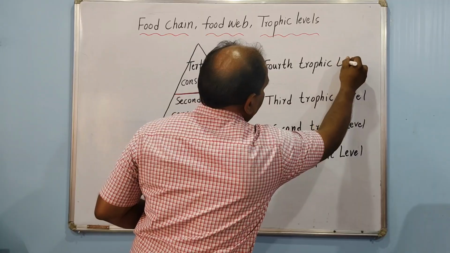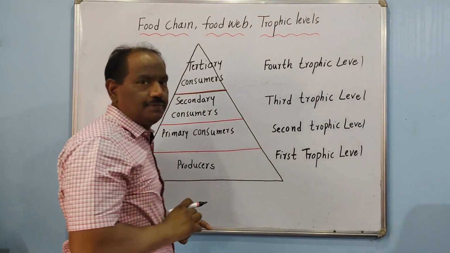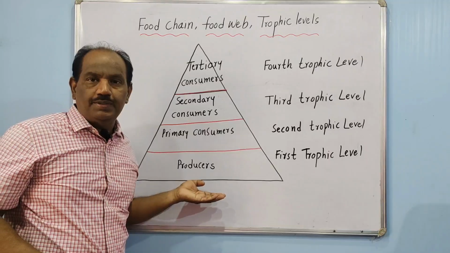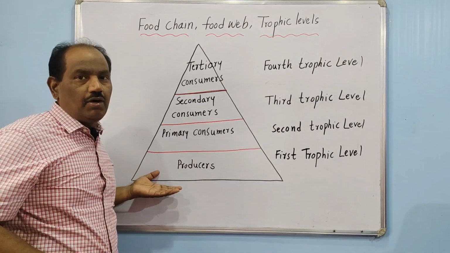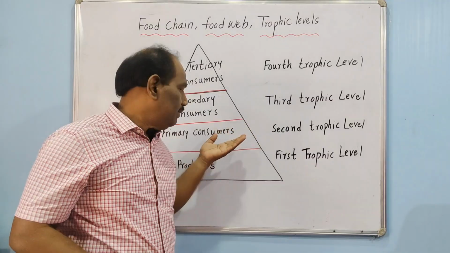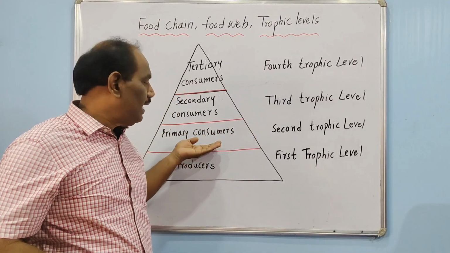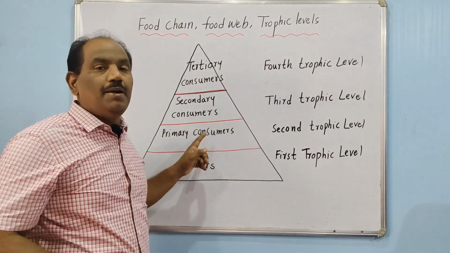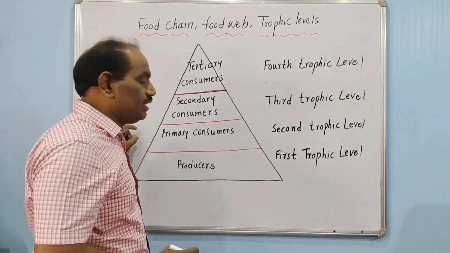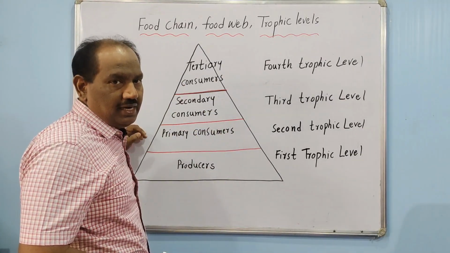See this. Producers, also called autotrophs, are all the green plants. Animals that depend on plants and plant products are called primary consumers, also called herbivores. Best examples: deer, rabbit.